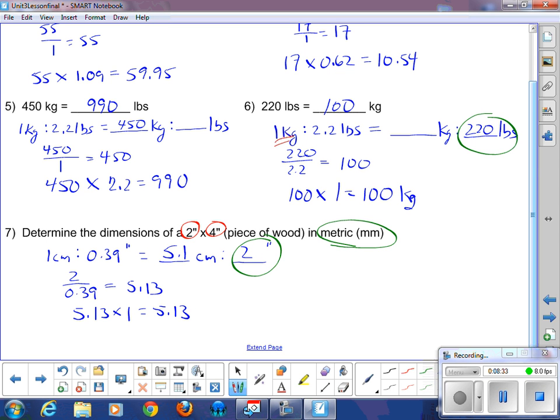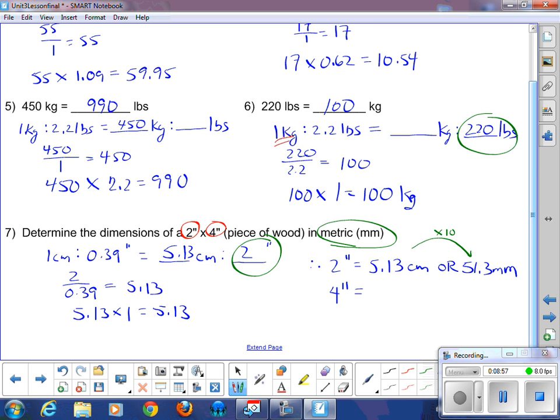So 5.13 centimeters. So therefore, 2 inches is equal to 5.13 centimeters, or to move from centimeters to millimeters, we multiply by 10. So we end up with 51.3 millimeters.